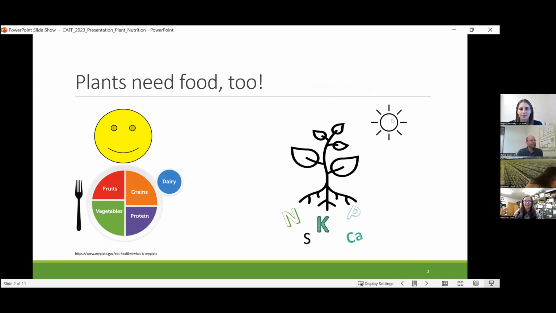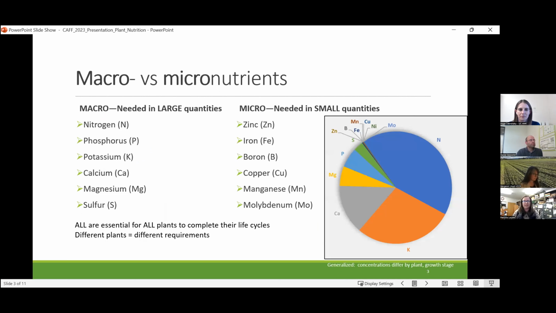Of course, their carbon they get from the atmosphere through photosynthesis, but their nutrients they're taking up through the soil. And just like we need our nutrients in the right proportion, from the right source, at the right time, so do plants. A distinction that you'll hear a lot is macro versus micronutrients. Just to be clear, this doesn't mean that macro are important and micro are not. It just refers to how much the plant takes up.